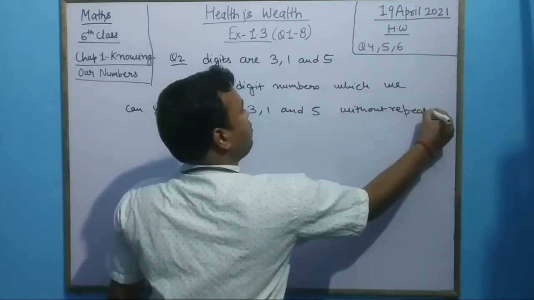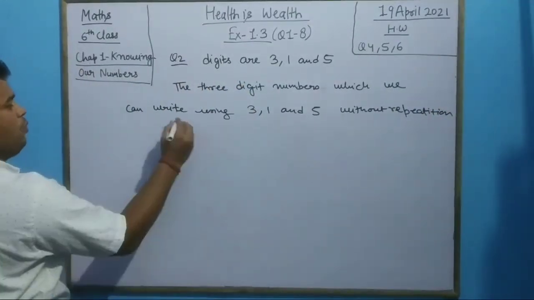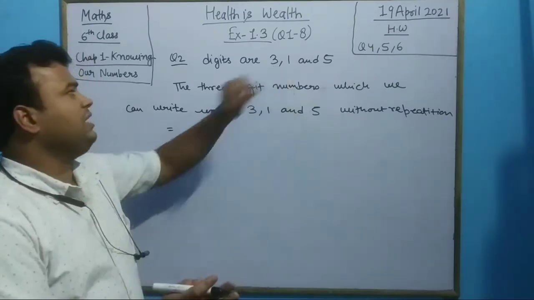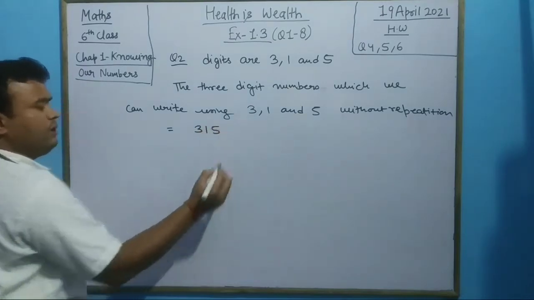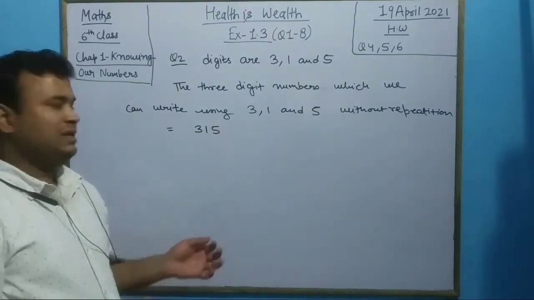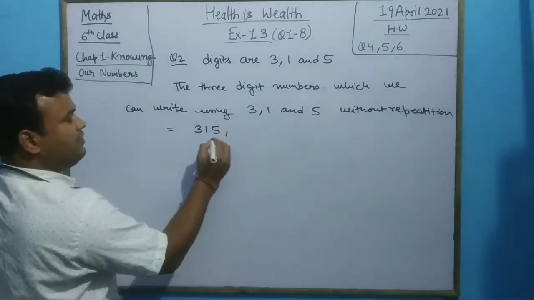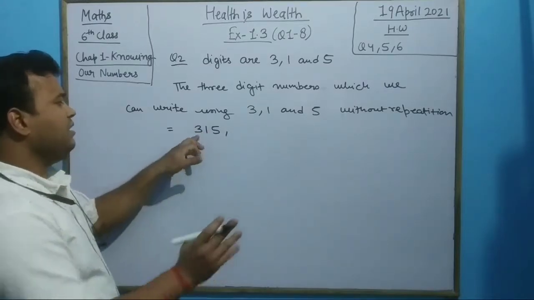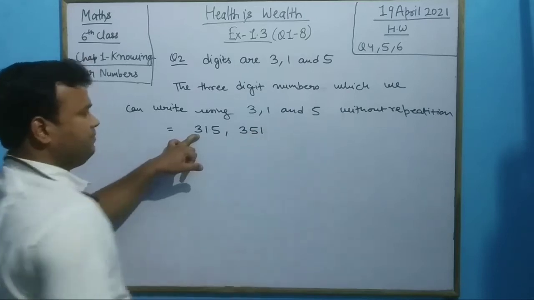Okay, so we are not doing the repetition here. So what are these numbers? What we need to do, we need to take first 3, 1 and 5. Okay, just move the digits to each and every place. So 3, 1, 5. Now keep 3 at that place and interchange 1 and 5. It will be 3, 5, 1.